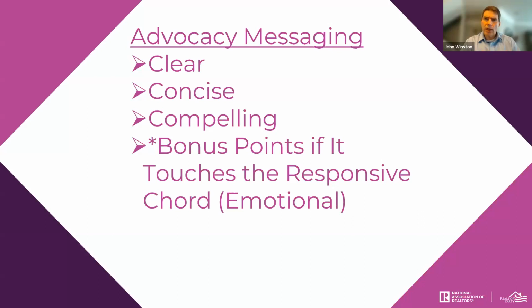So for example, if I was looking at rent control, I've always thought of it as the wrong solution for the right problem. We could actually say that rent control will force more people out of their homes. In other words, turn the language around and figure out what the impact is. I'm going to give a couple of examples here in short order.